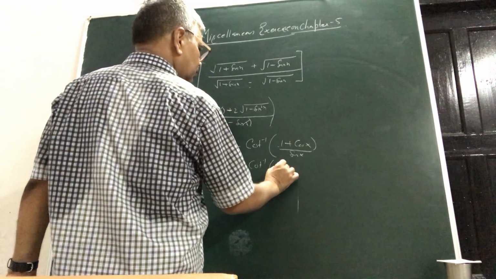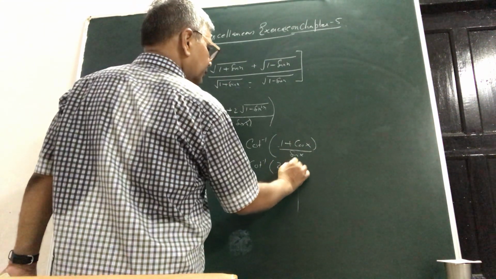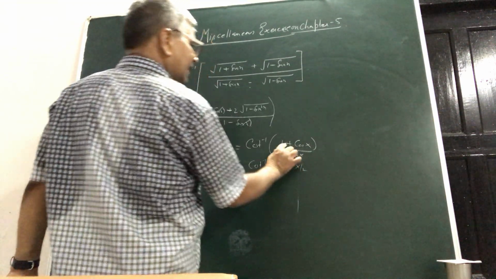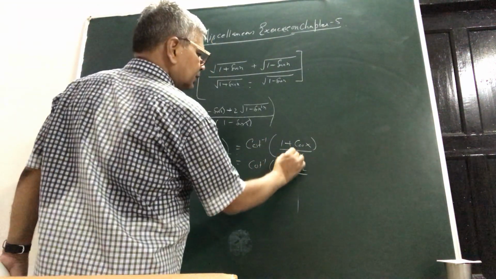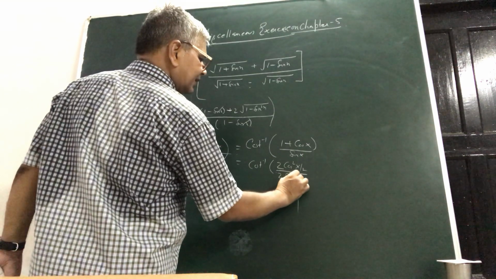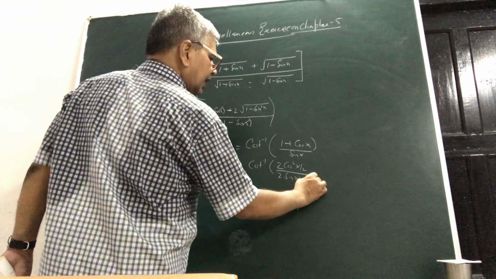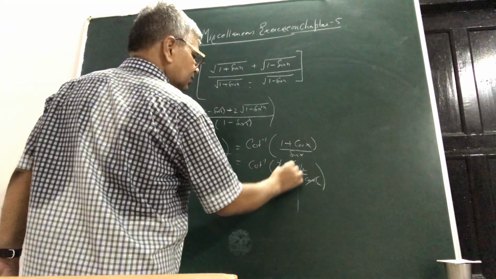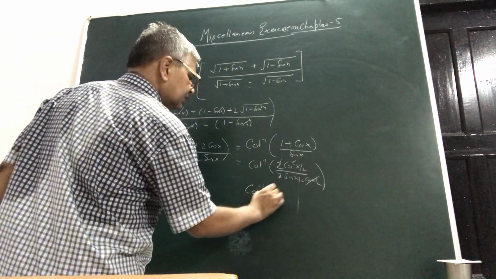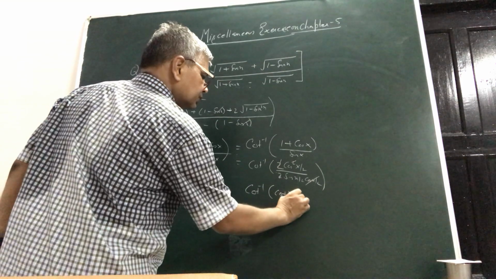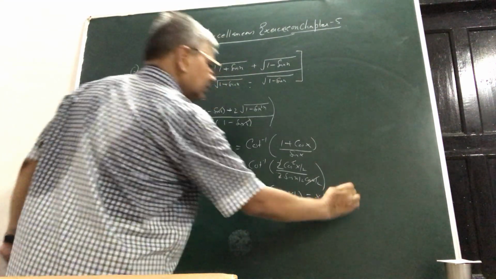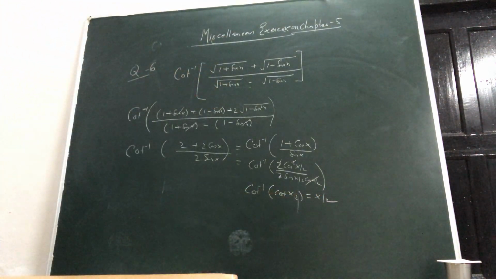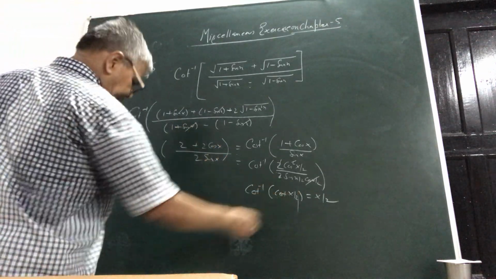So it is 2 cos square x by 2 minus 1, which will cancel with this plus 1 upon sin x. You can write 2 sin x by 2 cos x by 2, and this 2 cancels, 1 cos cancels here, so cos by 2, this is cot inverse cot x by 2. So finally you will get x by 2 only. So on simplification what it will fetch you is only x by 2.